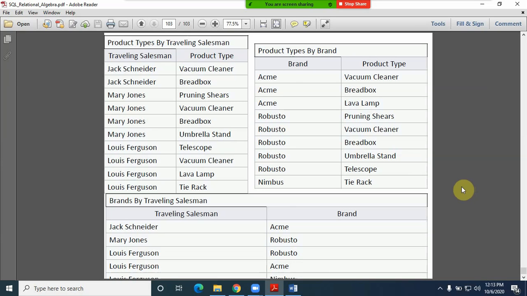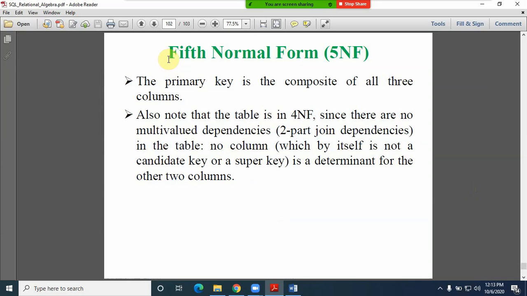in the earlier table, the problem is actually according to the fifth normal form, composition of 4NF, since there are no multi-valued dependencies in the table. No column is a determinant for the other two columns. No column means whatever columns we are talking about is a determinant for the other two columns.